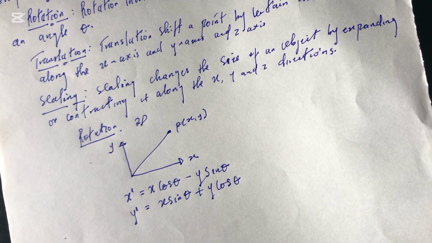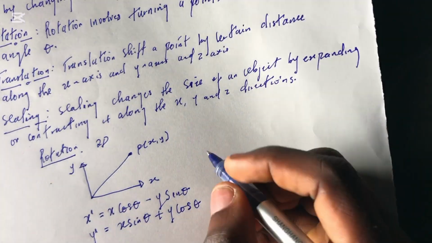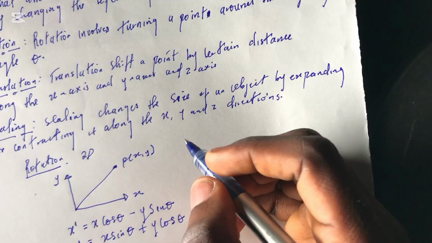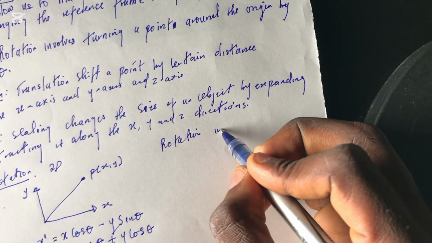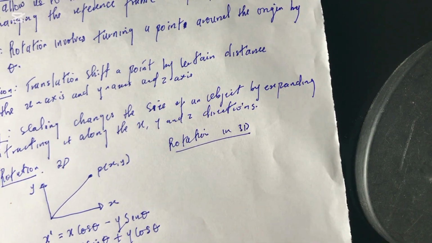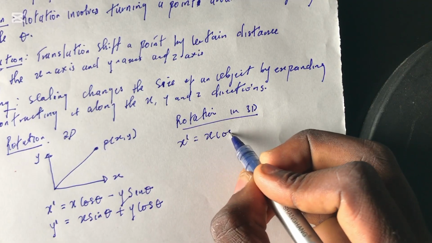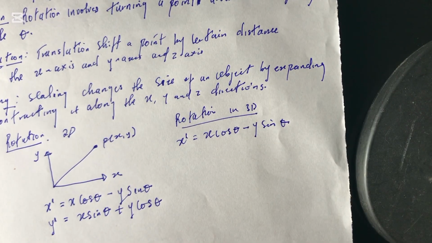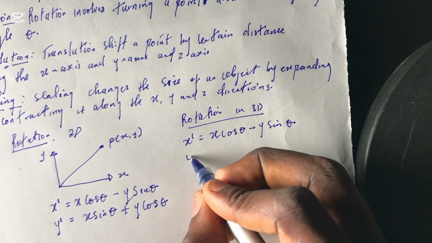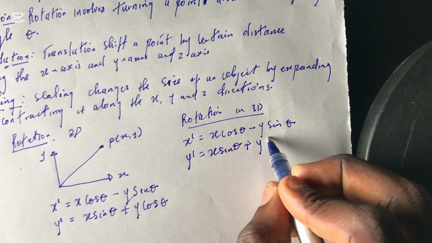But if we're talking about three dimension, the rotation will still be the same thing: x prime equals x cos theta minus y sine theta, y prime equals x sine theta plus y cos theta.